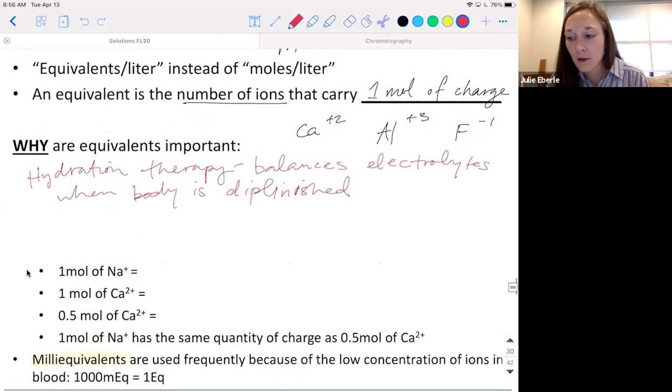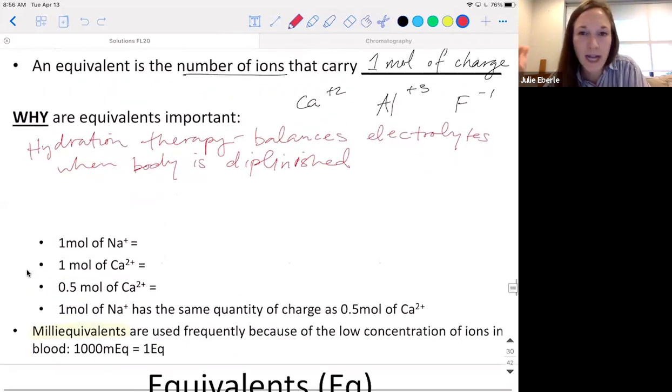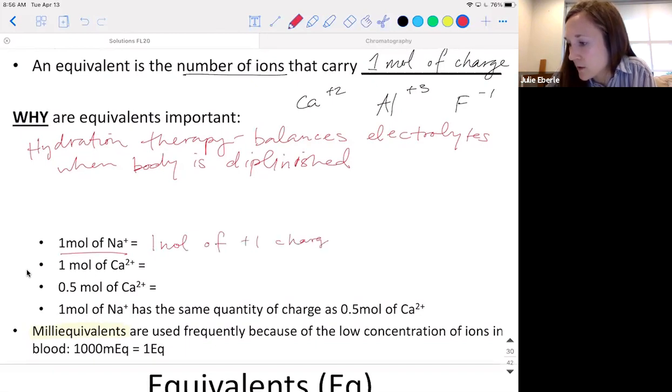So this is why equivalents are important, because a lot of times electrolytes are measured in equivalents based on the charge levels that we need in our blood. So let's look at some examples. How do we begin to measure equivalents? Well, if I have 1 mole of sodium, every sodium ion has a plus charge. So if I have 1 mole of sodium ions, I have 1 mole of +1 charge.